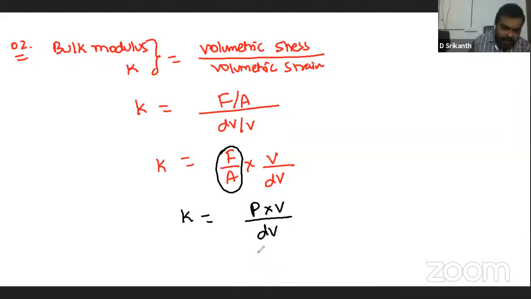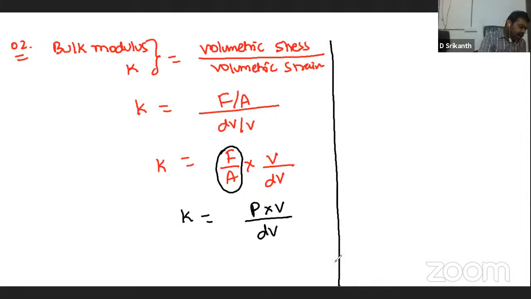Sometimes, as pressure increases, volume decreases in an isothermal process. In that case we write K equals minus PV by dV.